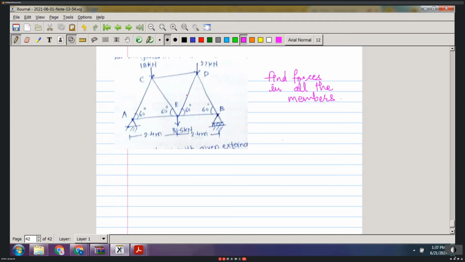Ma'am, the 31.5, right? Yes. 31.5 downward. Let's move ahead. First step: apply conditions of equilibrium to the entire truss.